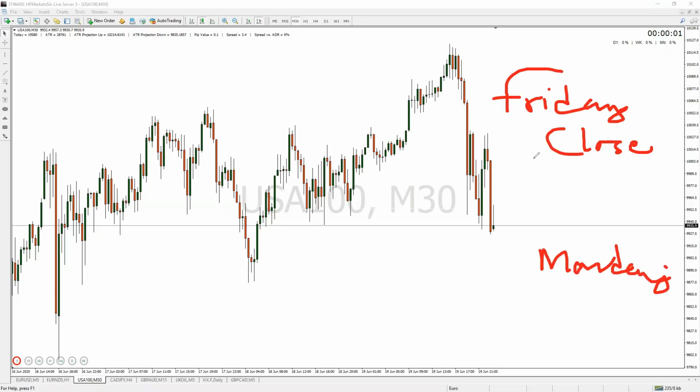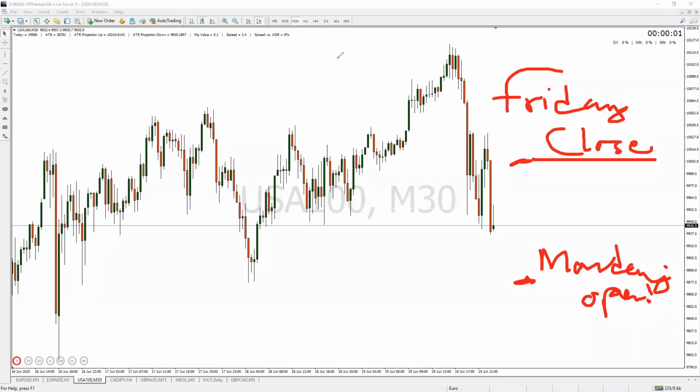It's just the difference between the Friday close and the Monday open. Most of the time, when there is something significant or a fundamental event on a weekend, just because the market is not moving, price tends to create gaps on Monday opens.